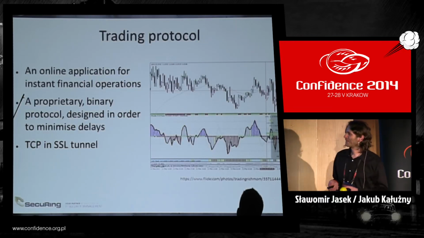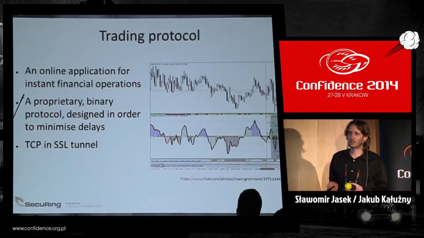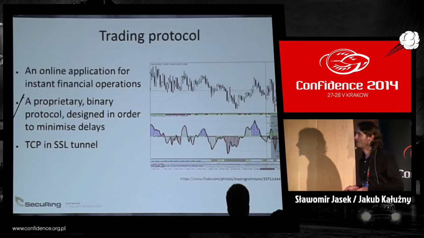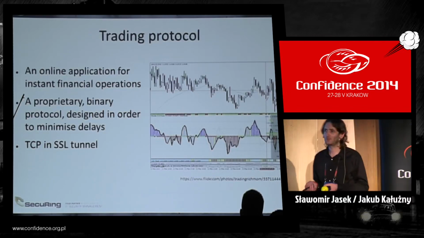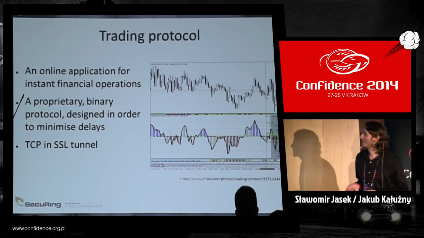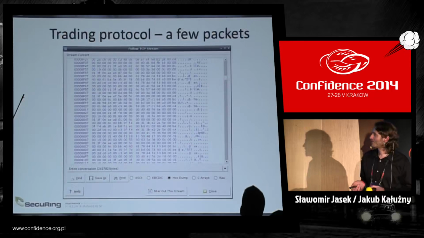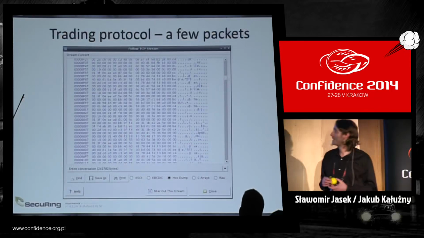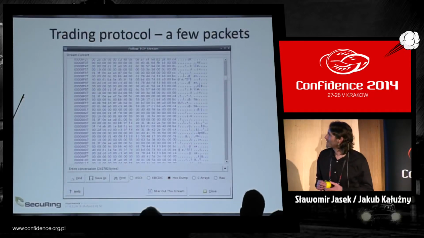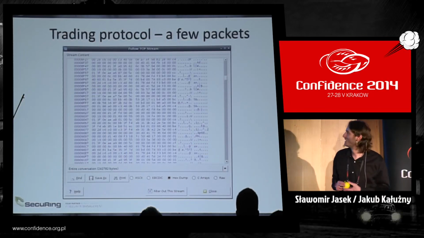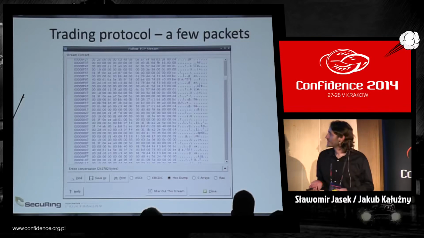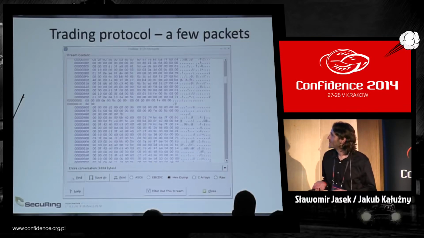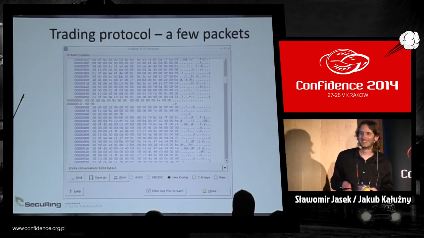So the SSL encryption was okay, so we took it off in order to see if we could hack the server. After taking off the SSL, the packets didn't look much better. So we started to watch the packets. Maybe you can see anything interesting here.